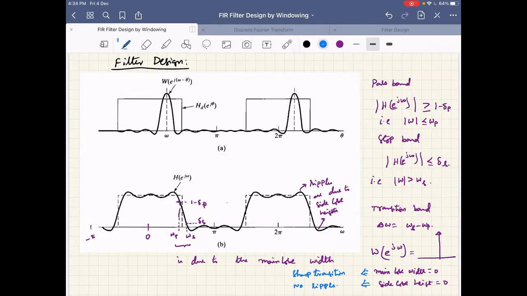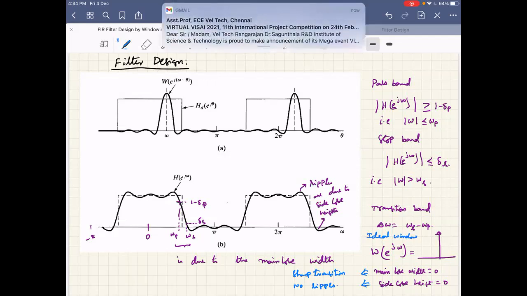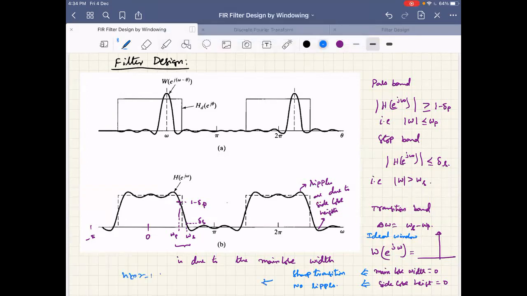But this is the ideal case, an ideal window function in the frequency domain. If we need this ideal window in the frequency domain, what does it indicate? It implies that w of n is equal to 1 for all n.